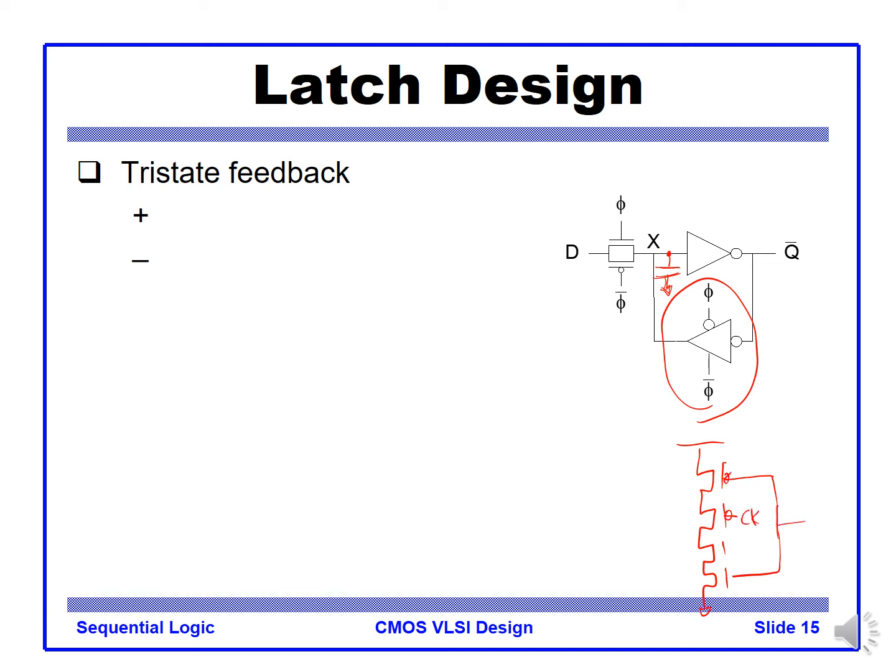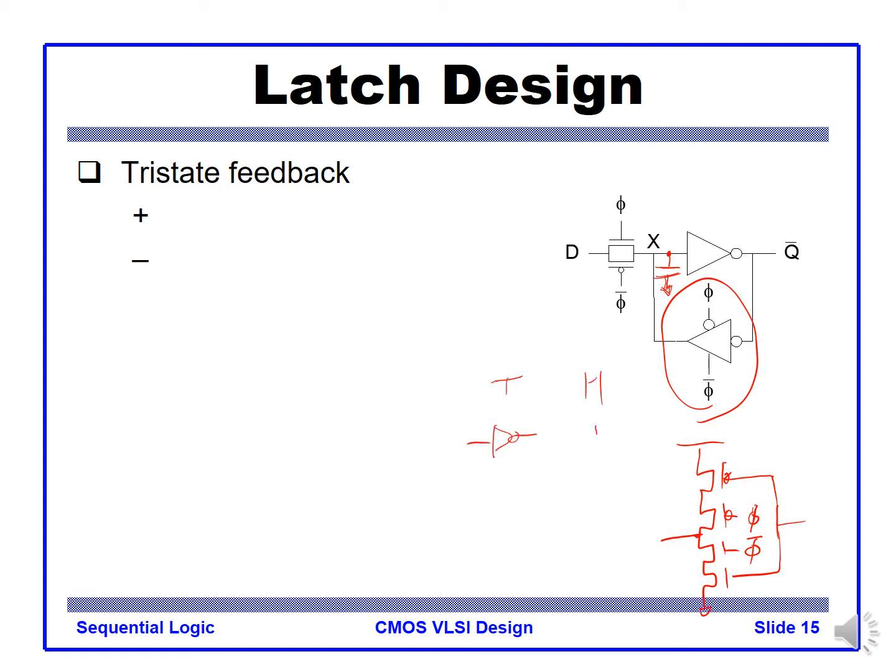CK, this is phi. When phi bar is there, it activates phi there. So when phi is low during hold mode, we activate this inverter, the tri-state buffer, so that the structure becomes a latch. In transparent mode, it looks like this.